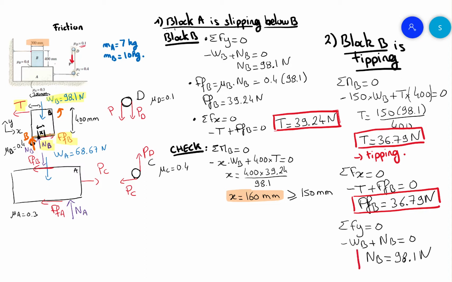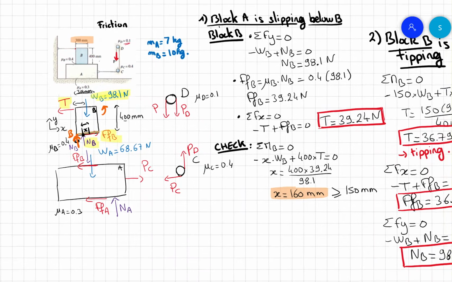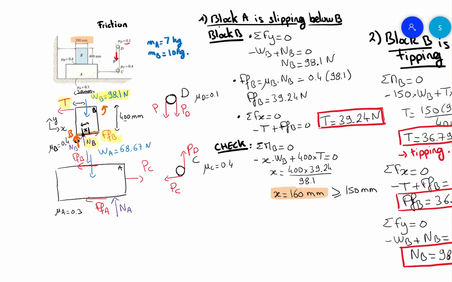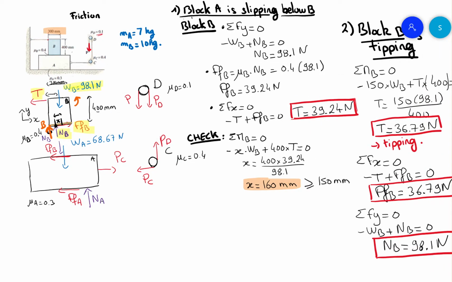We can use those two forces for the free body diagram of the block A. Just before going to the left, let's write below what we found. FB is equal to 36.79 Newton, and NB is equal to 98.1 Newton.